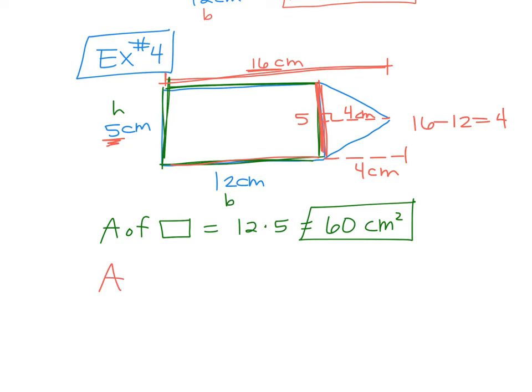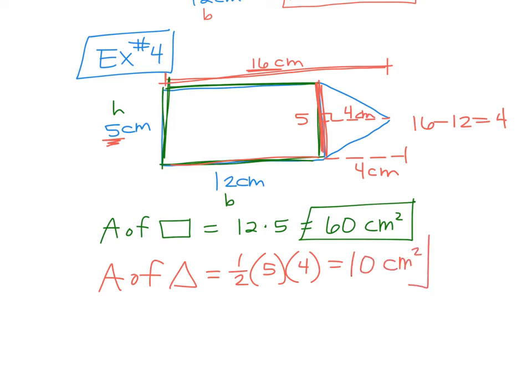So to find the area of the triangle, you would do 1/2 times 5 times 4. Okay, so 20 cut in half is 10 square centimeters. Your calculator will do all of that for you. Don't feel like you need to do it in your head. No need to make silly mistakes on things like this. So I know this is 60 square centimeters.